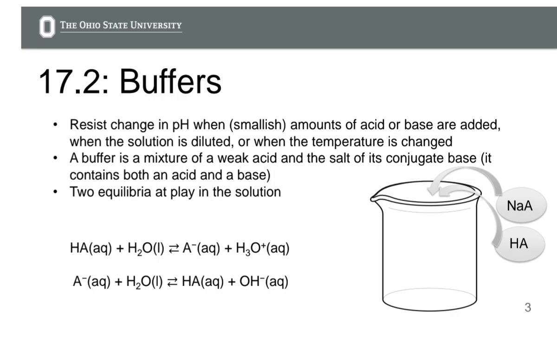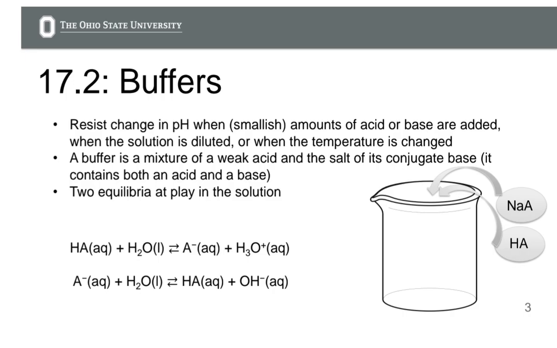The way it resists change in pH is by reacting with either an acid or base, if that's what's added, to neglect any major change that those would usually impose. It also keeps the pH fairly constant when there is a change in volume or a change in temperature. So buffers are really useful for maintaining particular reaction conditions.